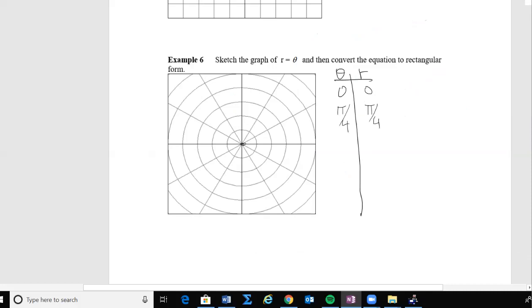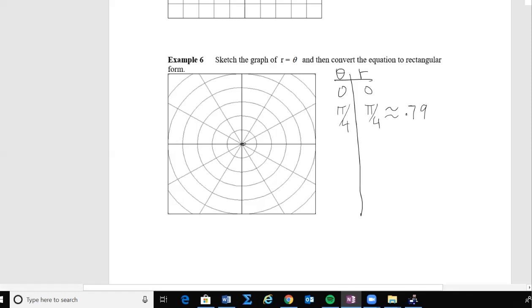Okay, so come along this. Now pi over 4 is about, well, about 0.77 maybe. That's what, 0.79. Okay, so that's about 0.79.